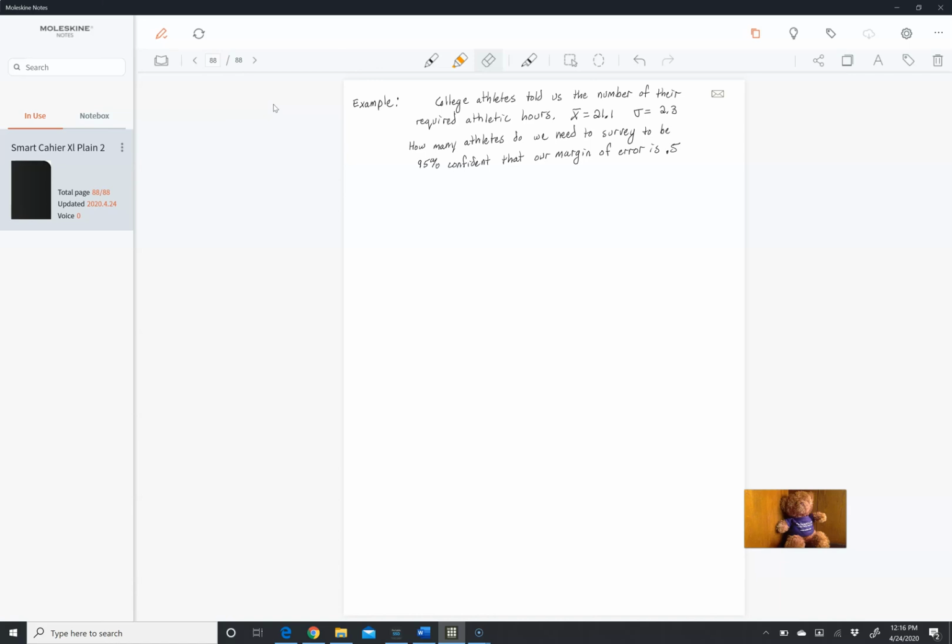Okay, in other words, we're saying that we're going from 20.6 is less than mu, which is less than 21.6. Okay, we want to be 95% confident that it falls within that interval.